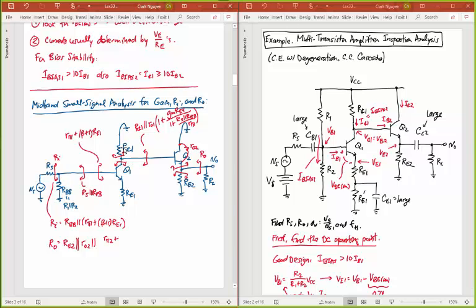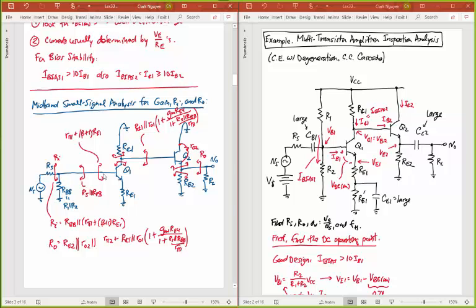If I wanted to be absolutely complete, I'm looking at R pi 2 plus all of this stuff up here: RC1 parallel with R01 times 1 plus GM1 times RE4 divided by 1 plus RS plus RBB divided by R pi 1.